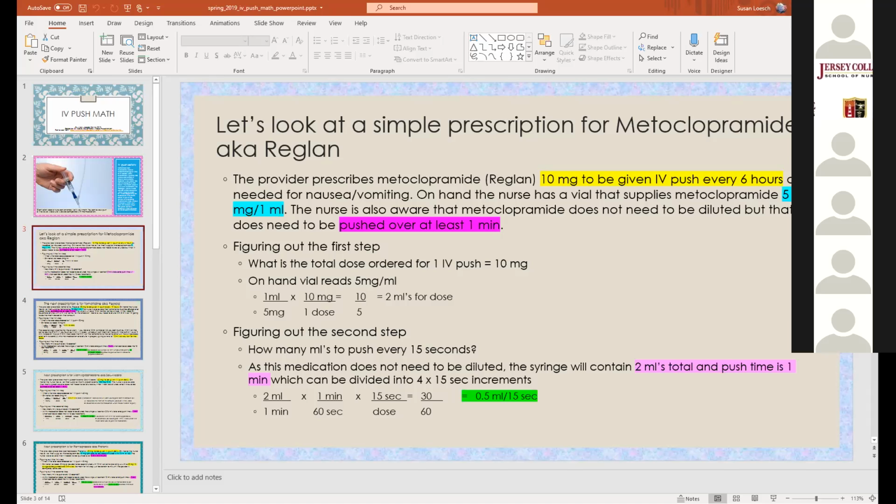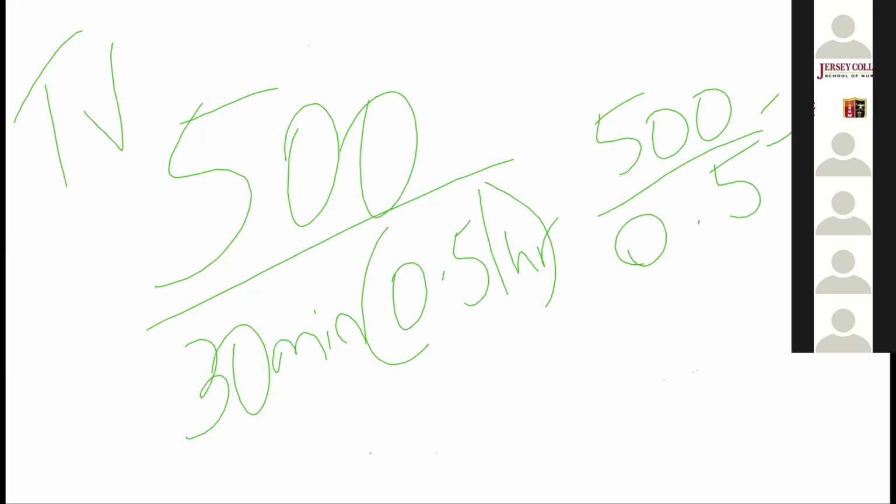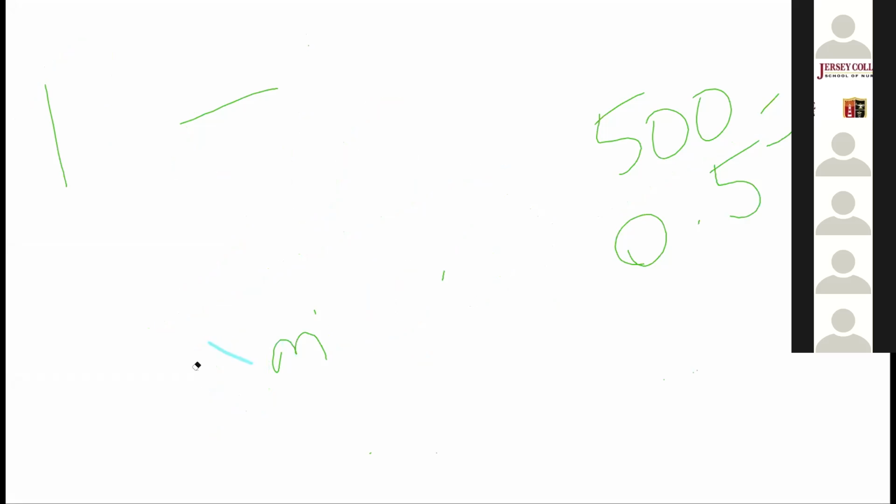I'm going to use the actual question for this just because I think it's going to be simpler, and then we'll go over a couple other ones if we can find them. For this one, you had ordered verapamil, 7.5 milligrams, and it was IV push over 3 minutes.